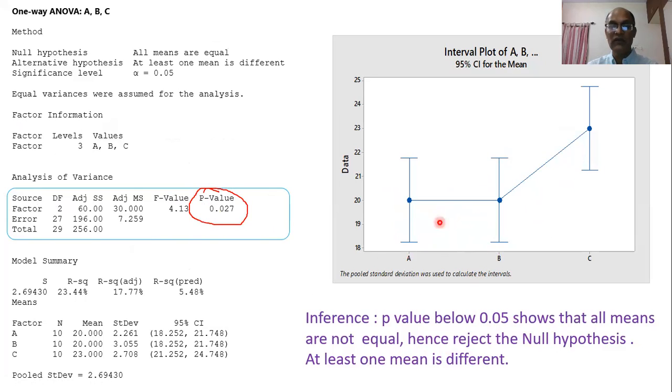At least one mean is different from the other two. So we can see that this 23 is different from the other two means, and it is significantly different. How did we come to know it is significantly different? Because our p-value is below 0.05. So this is another study for this particular data.